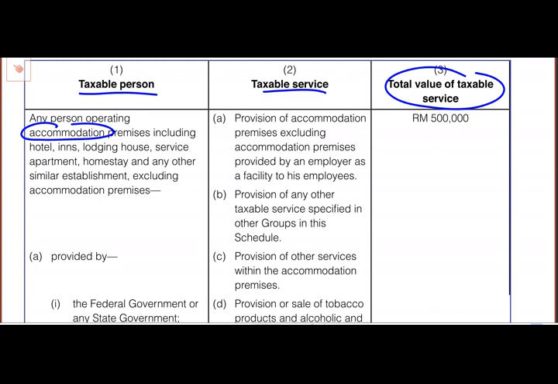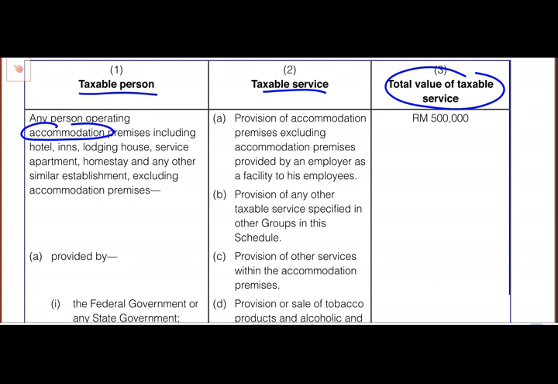It doesn't matter in what manner, whether hotel or house or service apartment or homestay. So you say, oh, I have 20 units and I operate a homestay. Then the next question is, how much is the value you achieve? If you exceed 500,000, then you have to be taxable. Then you must register. Then you charge 6%.